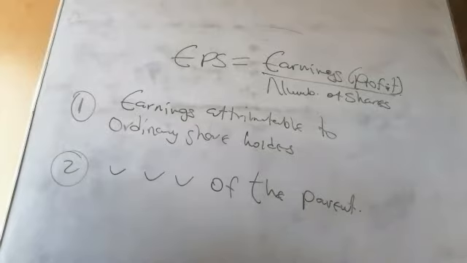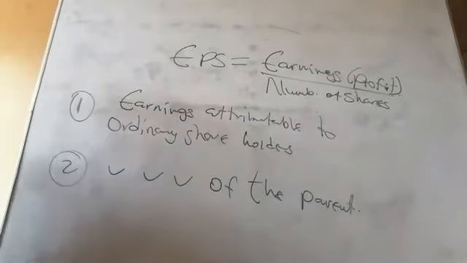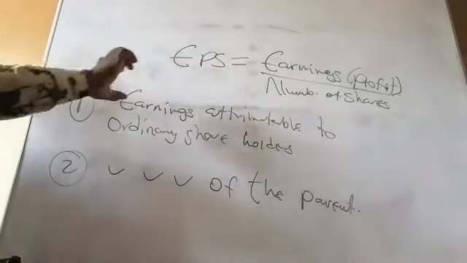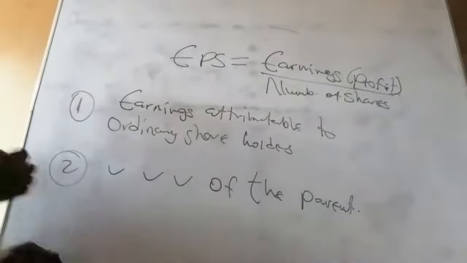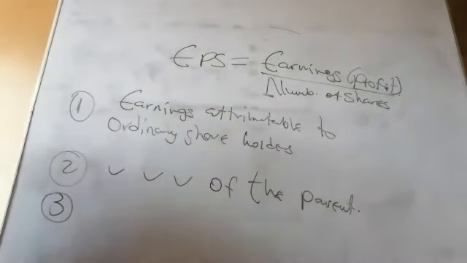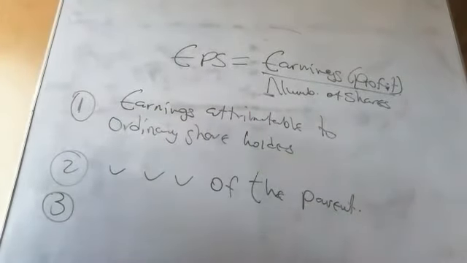Great. Now let's continue. If I should present this by equation or include this in the formula, we change it a little. Then the third item is the number of shares. The number of shares must be the weighted average number of shares.